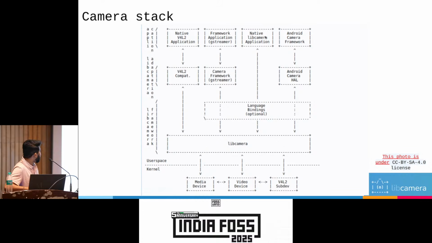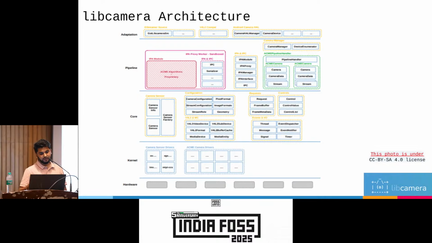In the Android camera framework, at the top we have the applications, then it goes to the camera HAL, and this HAL will load libcamera as a plugin, and libcamera will take care of all your hardware specific kernel drivers. So let's take a little deeper dive into the libcamera architecture.